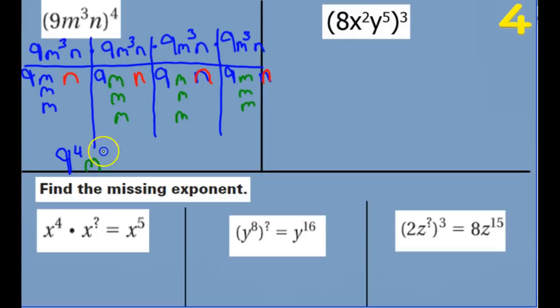We have m to the power of 12. And last but not least, we have our n's, 1, 2, 3, 4. N to the 4th. So our answer here is 9 to the 4th, m to the 12th, and n to the 4th.